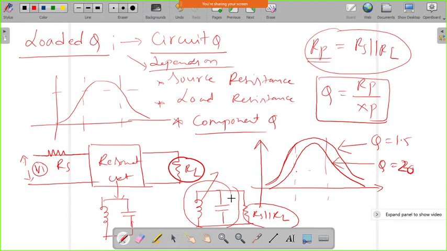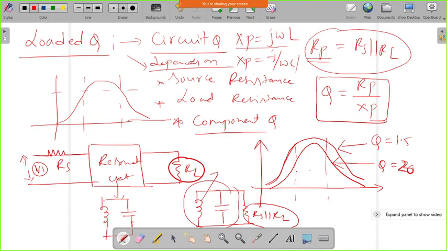If I change the reactive part, that is Xp, which may be L or C. If I choose a smaller L, the reactive component will decrease, so the Q will increase.